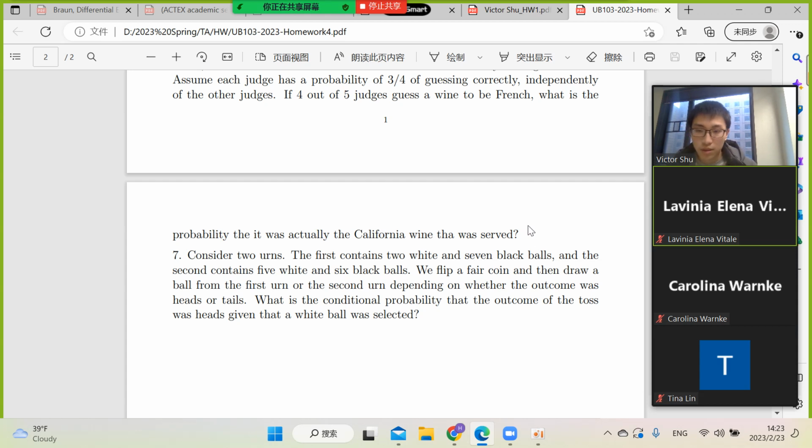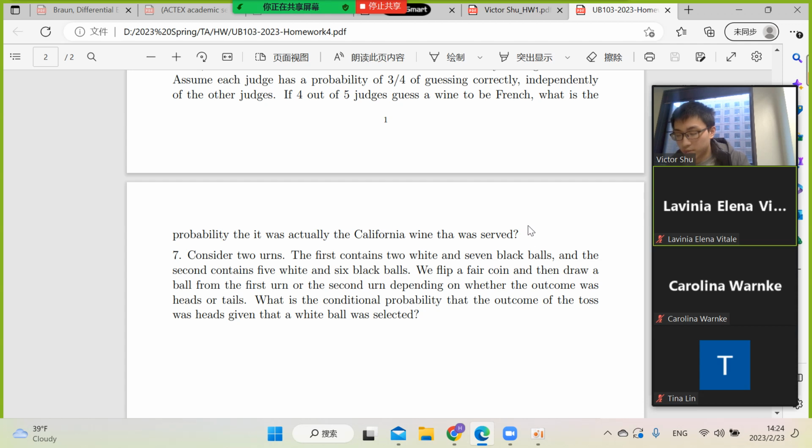So here you are asked to calculate the probability of heads given that a white ball was selected. So here your event A is gaining a head, and your event B is that the white ball was selected.